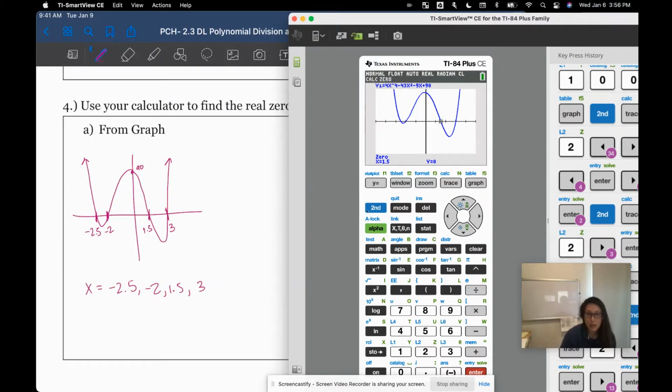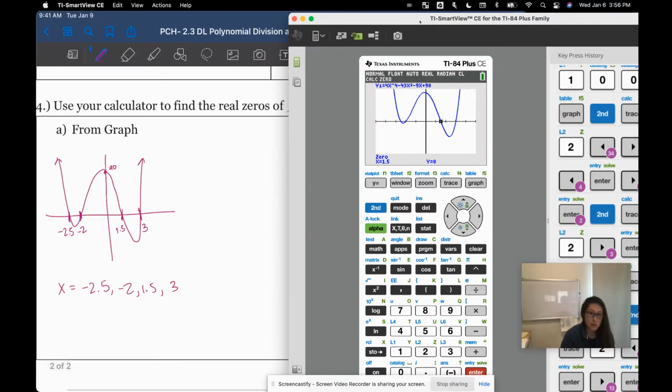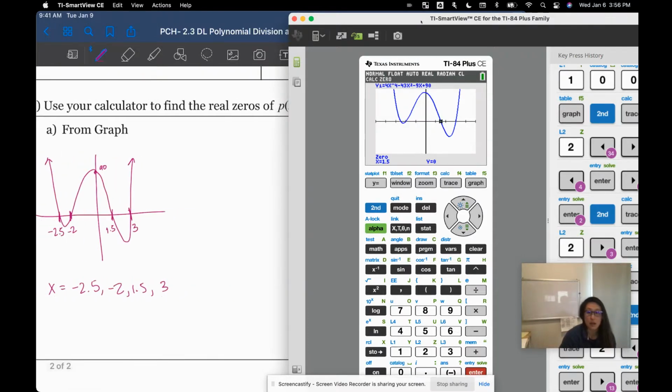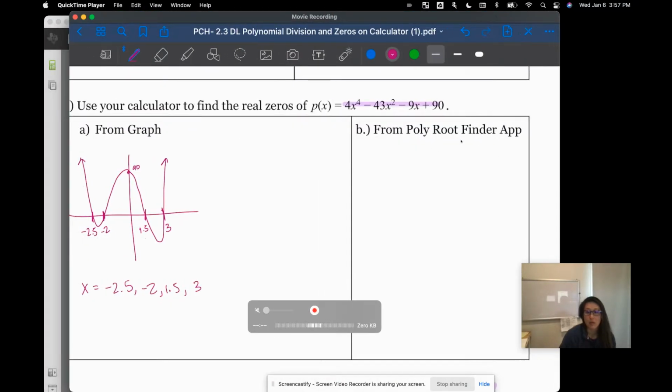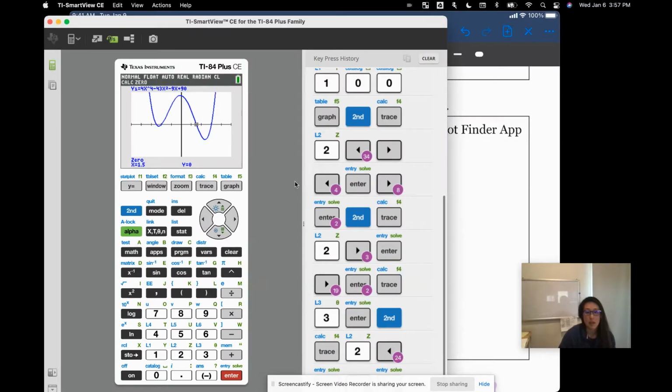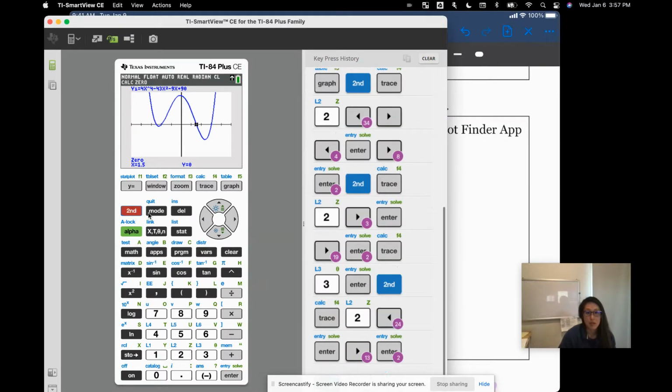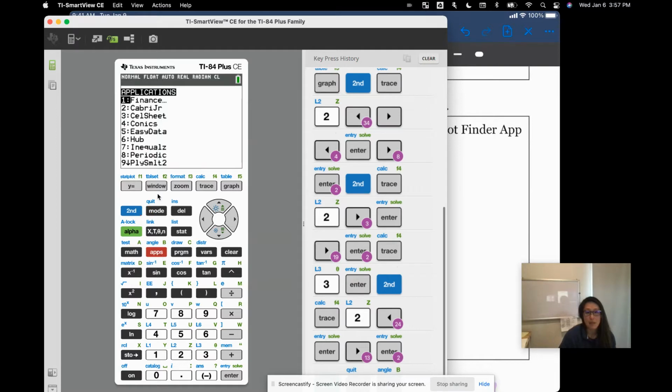Now we're going to use our calculator to find the zeros using a little different program. It's called the Poly Root Finder, which I call the Poly Smelt. What you do is you press apps, and then you go to number 9, the Polynomial Simulator 2.